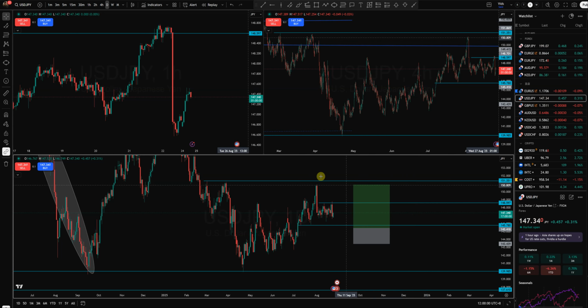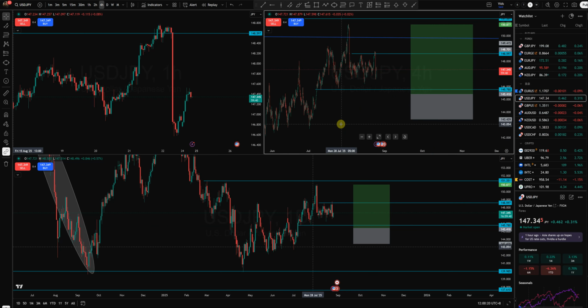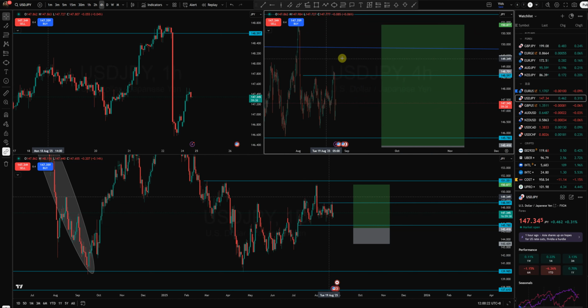We need to also refer to the lower time frame each time the price is touching the support and resistance level. And more importantly, we will need to see, for example, this one.